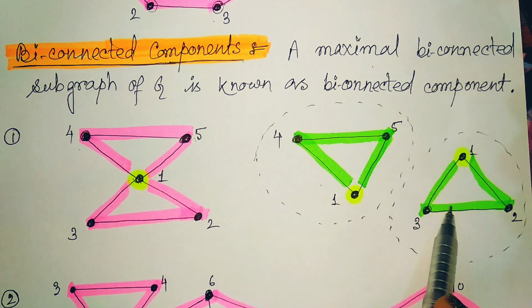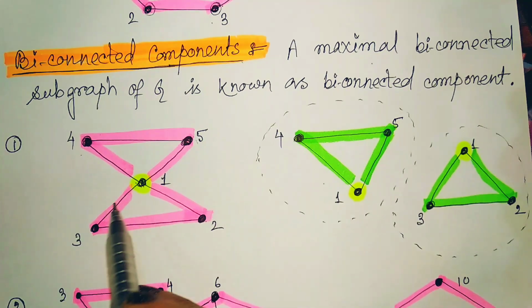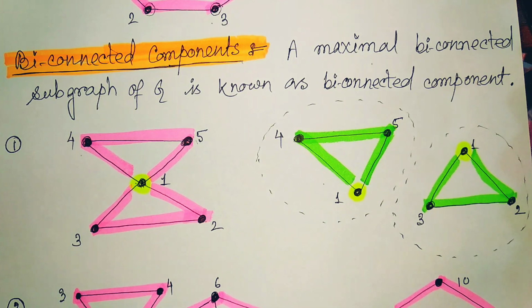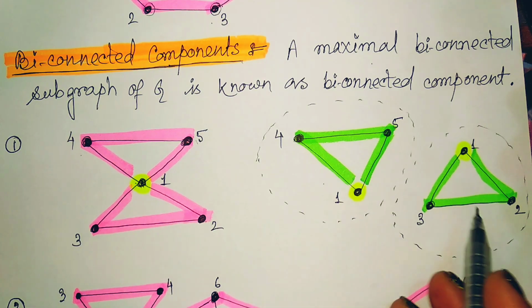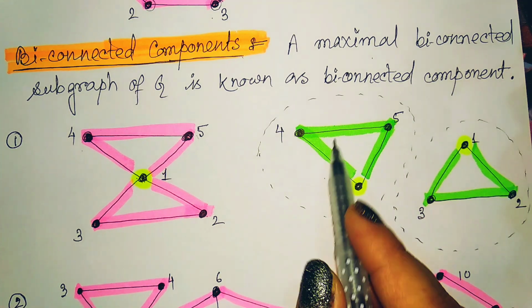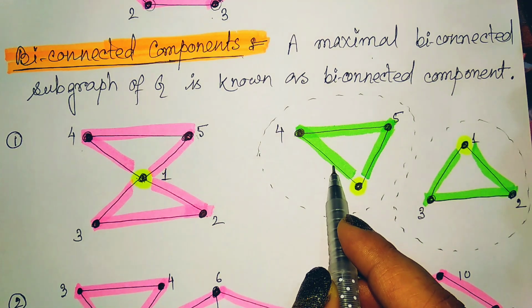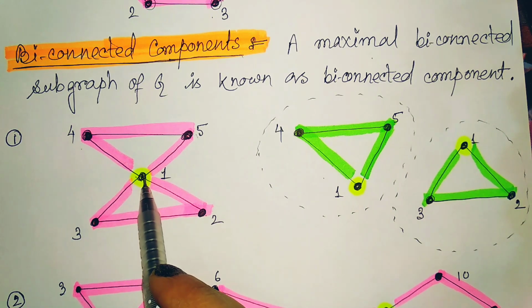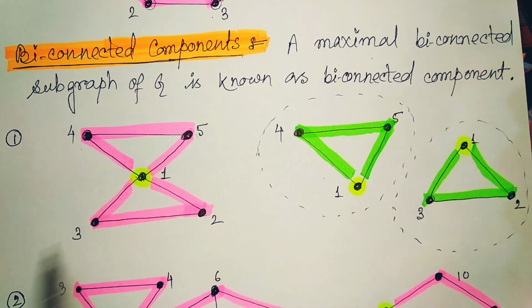So these are the two components, because depending upon this vertex, it will separate. These are the biconnected components, because individually each graph is biconnected, and these are the components according to this articulation point for this graph.